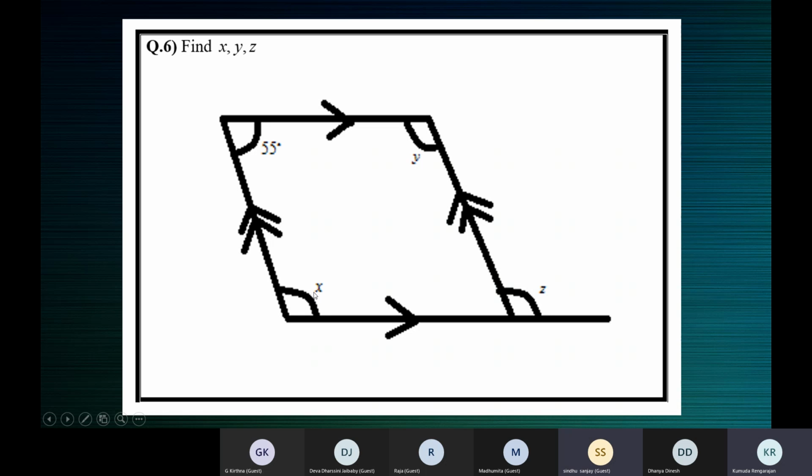So if you mark it A, X plus A is equal to 180. You can find A and then find Z. But this is more direct, because it's already 55. So the opposite angle, this one is also going to be 55. Your approach is also fine, Sanjay.